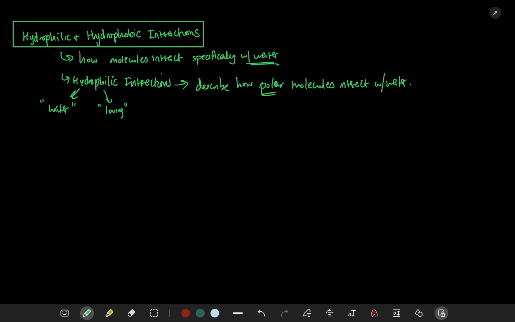Okay, so now what happens when we have nonpolar molecules, right? How do nonpolar molecules interact with water? Well, we said initially that polar molecules will interact well with other polar molecules. And just like that, nonpolar molecules will interact with other nonpolar molecules, right? So what are hydrophobic interactions?